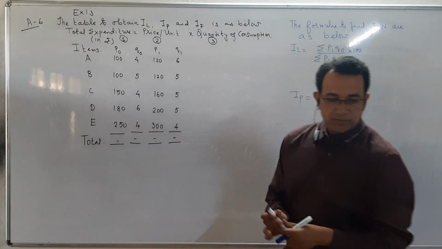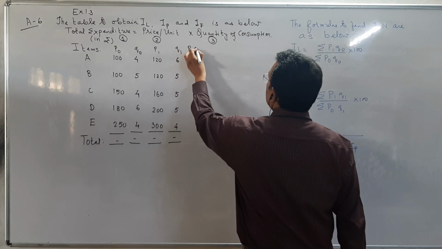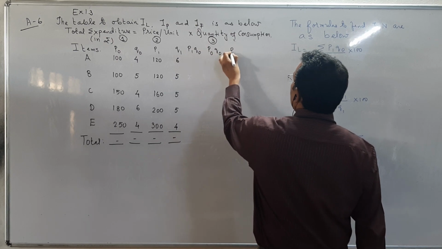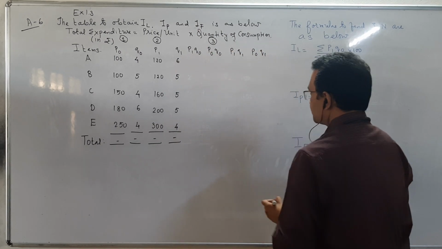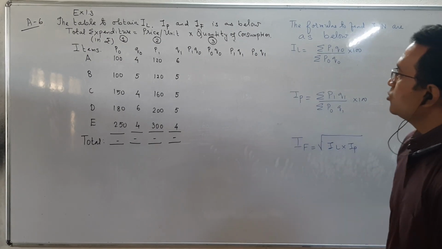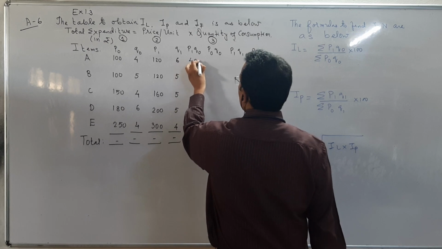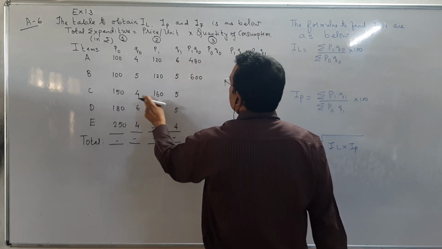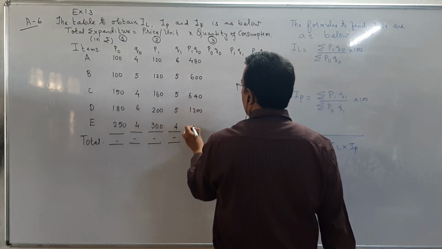So which are the next four columns? Now all of you know. P1 Q0, P0 Q0, P1 Q1, P0 Q1. Now P1 Q0, 120 into 4. So 480. Then 600. Then 16 4s are 64. 1200.